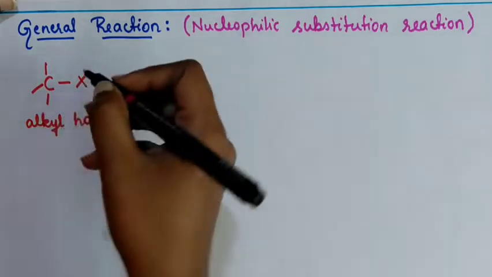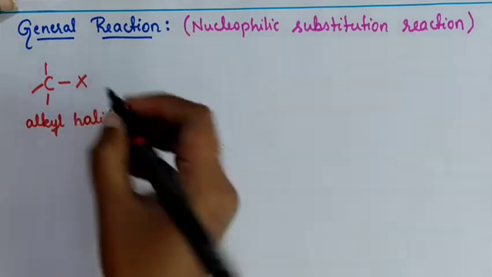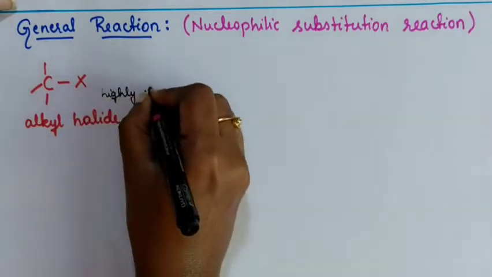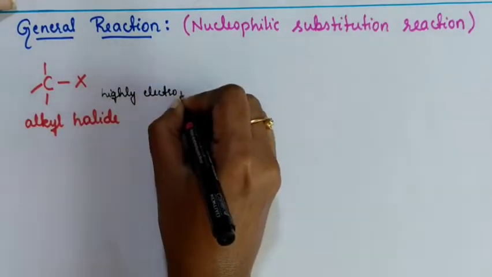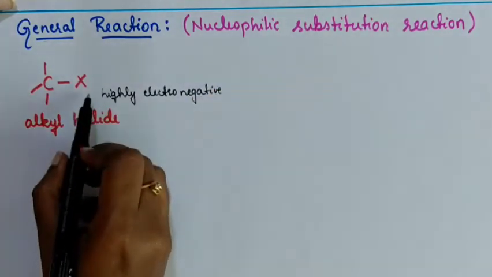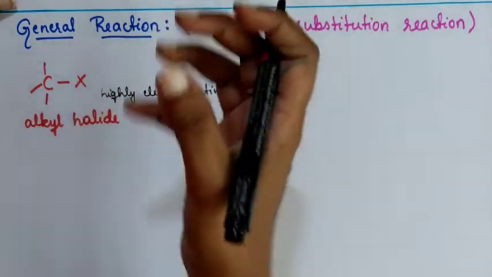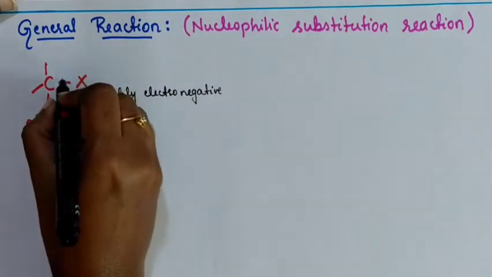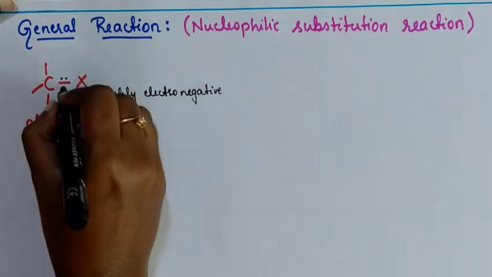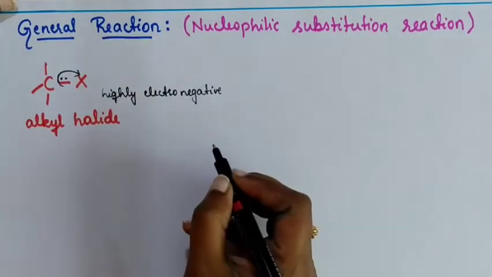Halogen in the sense it can be any of the halogens. Since halogens are highly electronegative, they are going to attract the electrons present in this bond. Correct? So both the electrons are going to move towards the halogen.